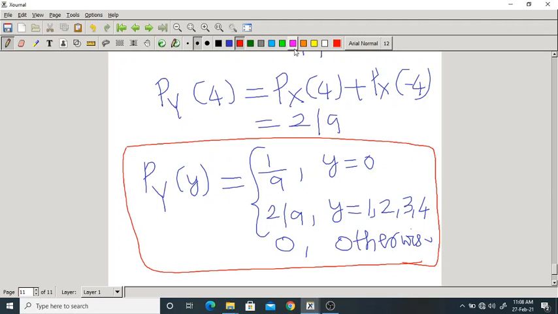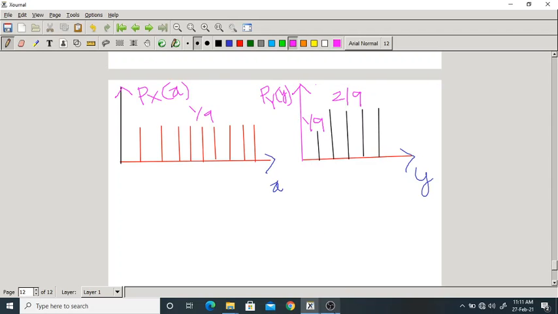Okay. So if you draw them properly, how do they look? So this is the two PMFs drawn graphically. So what is happening? Px of x is 1 by 9 from -4, -3, and so on, -2, -1, 0, 1, 2, 3, 4. Py is 0, 1, 2, 3, 4.